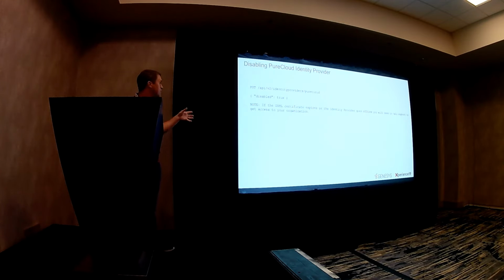So this is a feature that we released partially. We released the first part of it, so you call it an MVP, minimal viable. And what we did was we said, you can turn off the PureCloud identity provider. What this means is that now you are solely reliant on your single sign-on provider, your OneLogin, your Okta. It's the only one that's going to be allowed to create tokens for your organization, and it disables PureCloud.